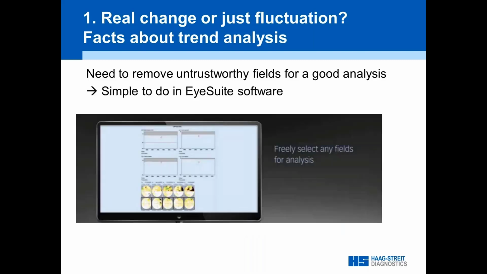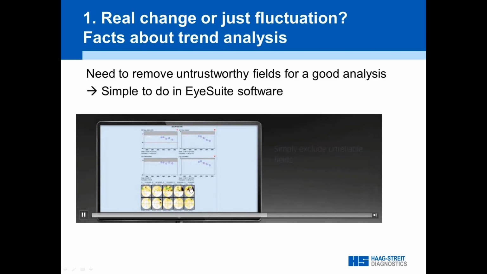And this is really nice, what you can do with the EyeSuite software that comes with every Octopus, because you can, with a simple click, add or remove fields from analysis. You see how we click here on fields and we just add them, and it automatically, instantaneously changes the analysis. If you have your Octopus connected, then you can look at that in your office.